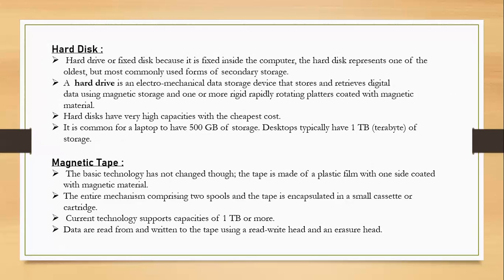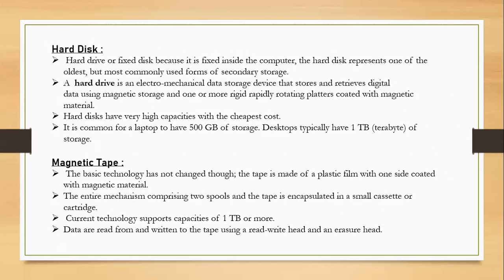A hard disk drive looks like a round shaped platter, which is divided into tracks, and tracks are divided into sectors. Hard disks have very high capacities with the cheapest cost. You can store a huge amount of data, but the cost per cell is smaller because of the implementation technology.